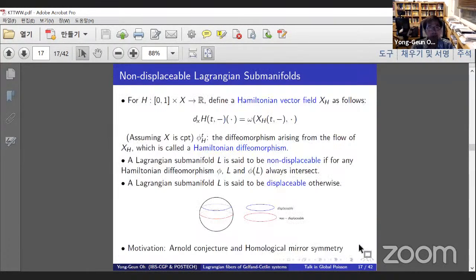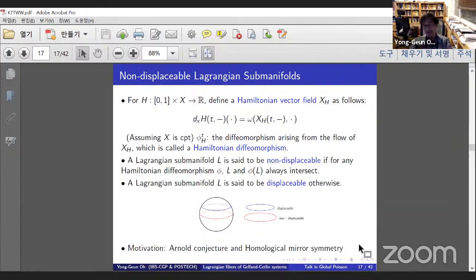And why do we concern ourselves with non-displaceable Lagrangian manifolds? You know Alan Weinstein has this famous creed that everything is a Lagrangian manifold in symplectic geometry. And in fact, a good collection of non-displaceable Lagrangian manifolds should be regarded as the core of the ambient symplectic manifold.